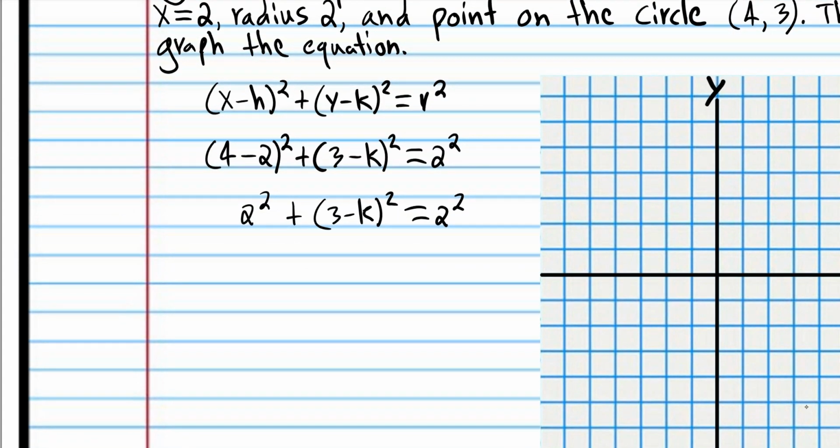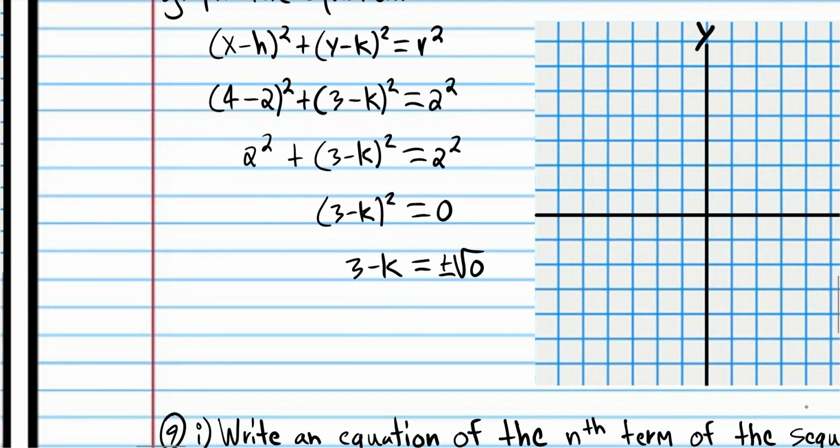I'm going to subtract 2 squared from both sides, and we're left with 3 minus k squared is equal to 0. If we square root both sides, we get plus or minus square root 0, right, which is just 0. And k is obviously equal to 3.